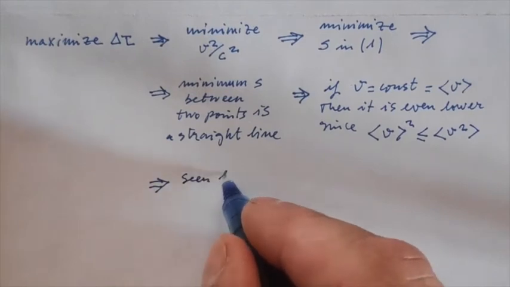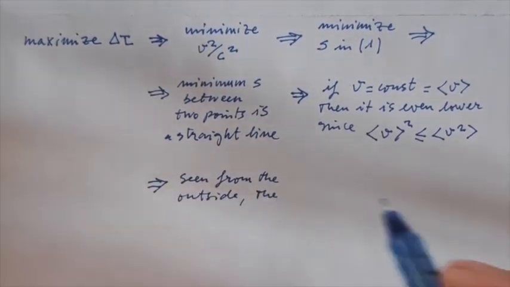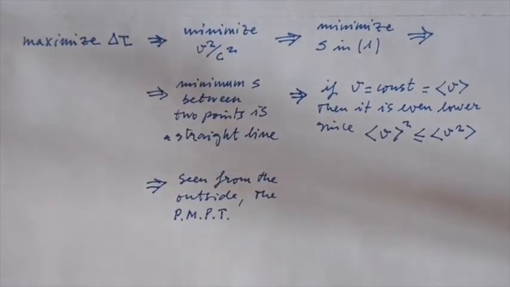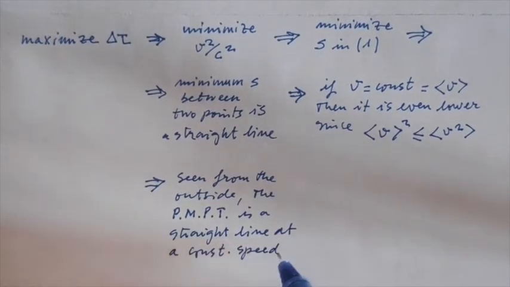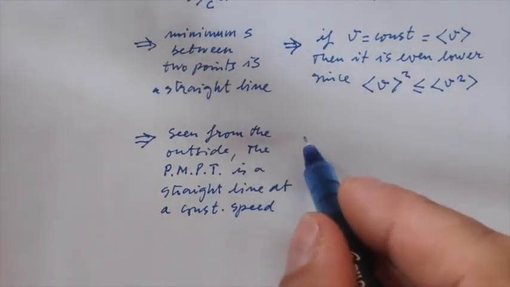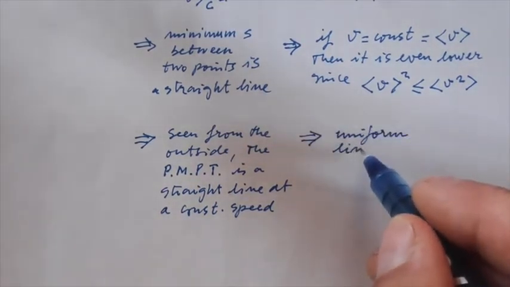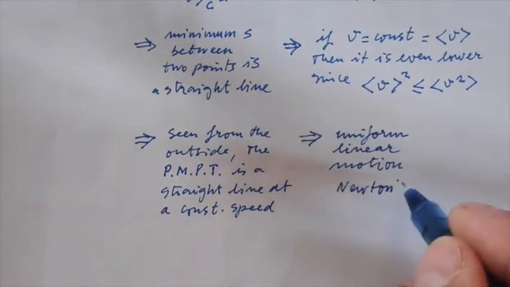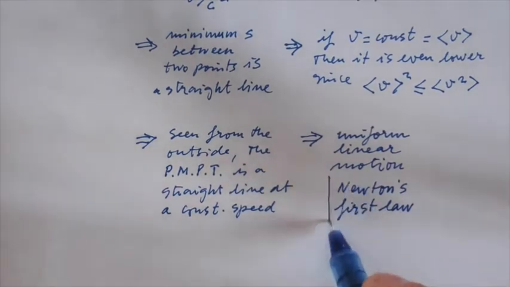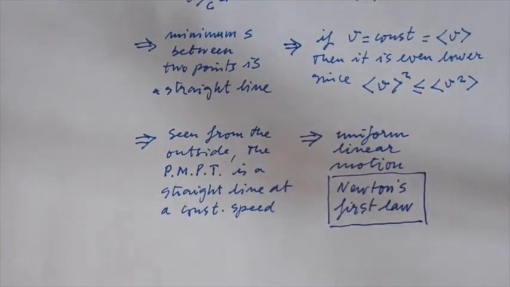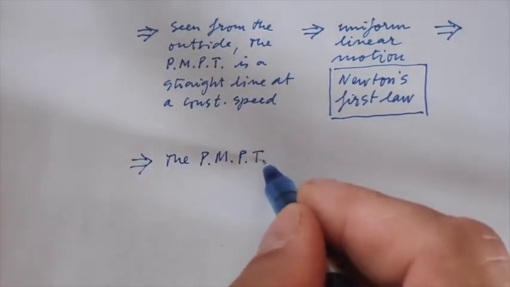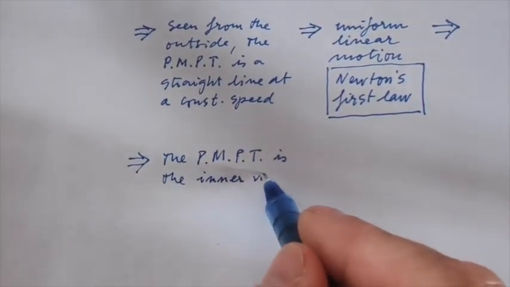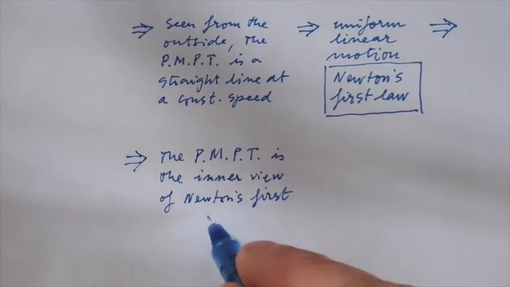The main conclusion to be drawn is that seen from the outside, the path with the most proper time corresponds to a uniform linear motion, which is nothing but Newton's first law, which states that inertial motion is a straight line at a constant speed. Therefore, the principle of most proper time is none other than an inner view of Newton's first law.